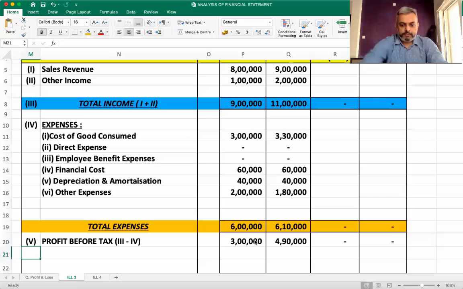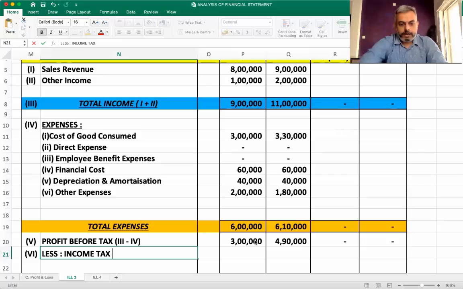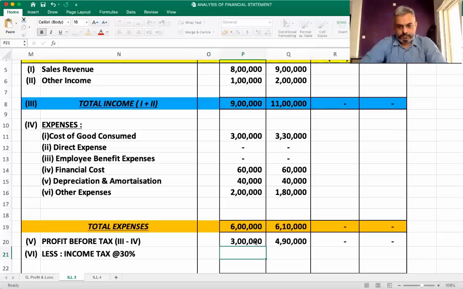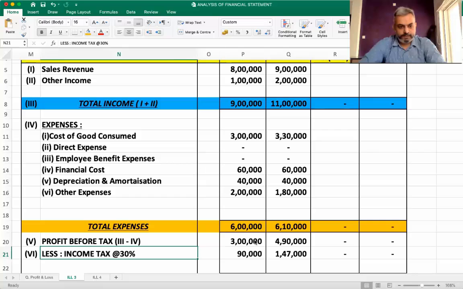Okay. Then 6 less income tax at the rate of 30%. So we multiply it with 30%, so 0.3, so 90,000, and 1,47,000.